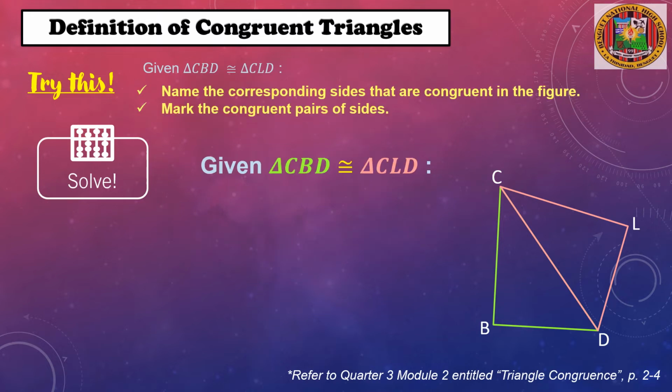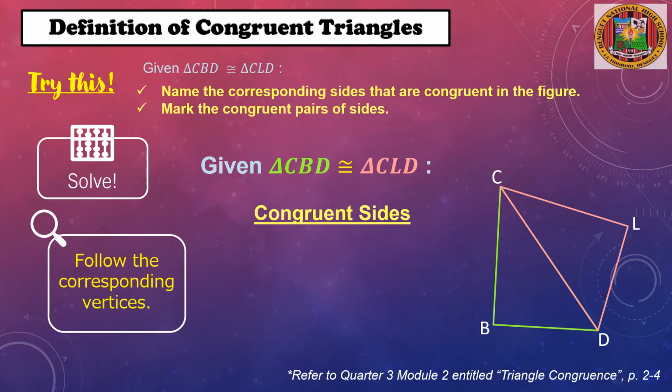Now that we know the corresponding vertices, let us name the corresponding congruent parts in both triangles, starting with the congruent sides. Take note that when naming the congruent sides, we follow the corresponding vertices. Thus, line segment CB in triangle CBD is congruent to line segment CL in triangle CLD.